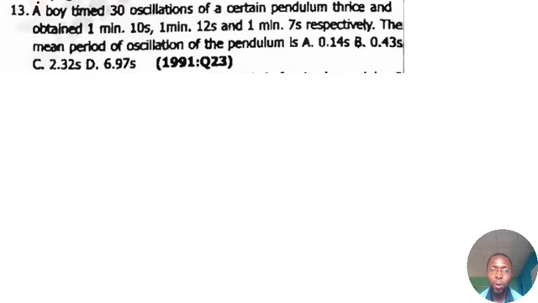The first one is 1 minute 10 seconds. Second one is 1 minute 12 seconds. Third one is 1 minute 7 seconds, respectively. So the mean period of oscillation of the pendulum is what? Okay, that's the question. Now, I will leave this to you as an assignment to practice. How do we solve this problem?